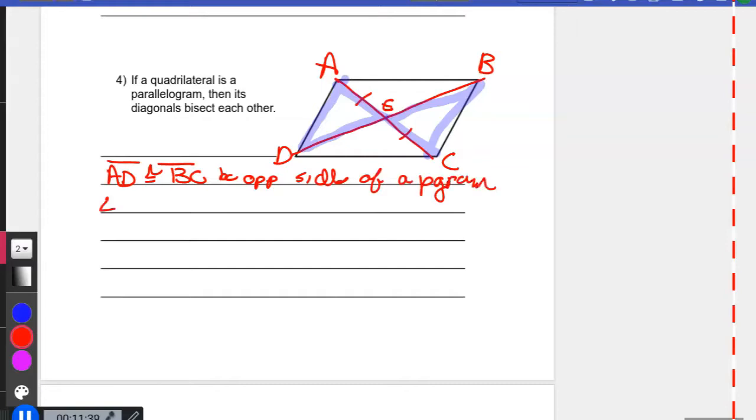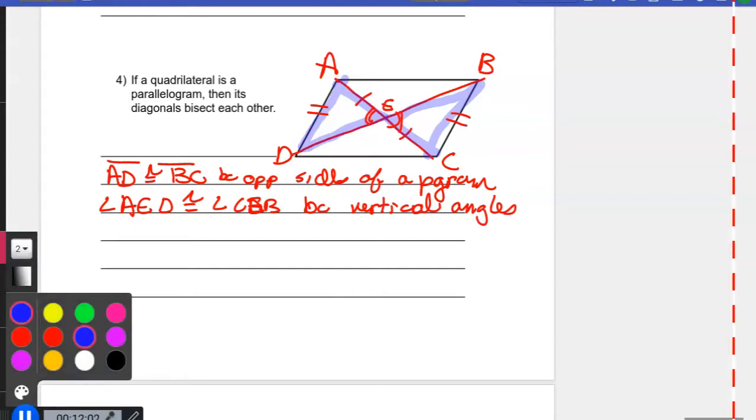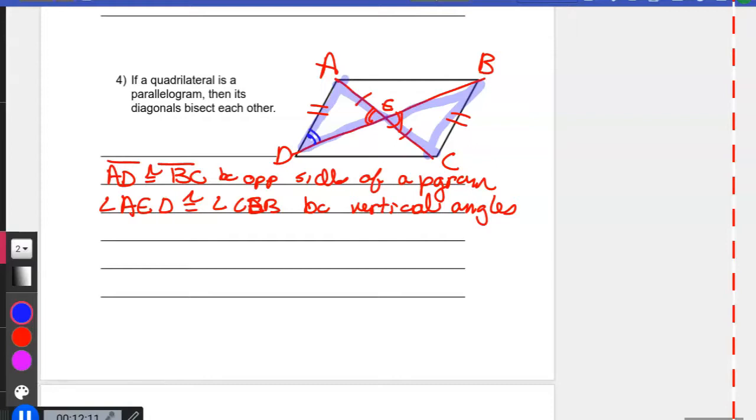And then I have angle AED in the middle. It's congruent to angle CEB because they're vertical. And I said we were going to have one more thing, and depending on which way you look at it, I'll do these two angles here.